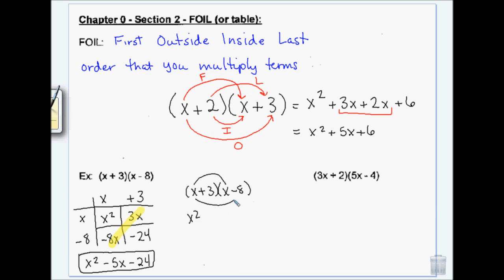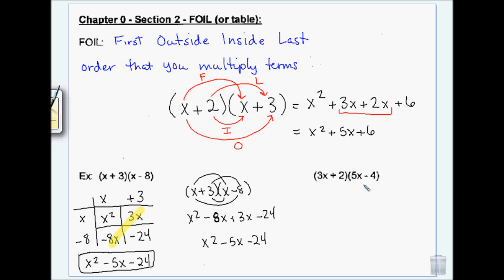If I do first, outside, inside, and then last, I get the same answer. Oops. That should be an 8. So it really doesn't matter what method you use. If one seems like it makes more sense than the other, pick that one.